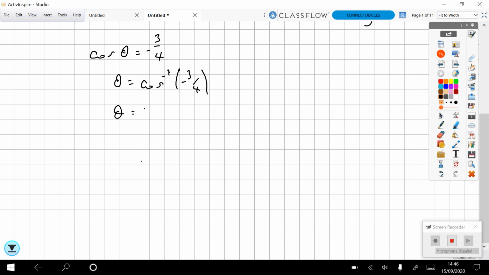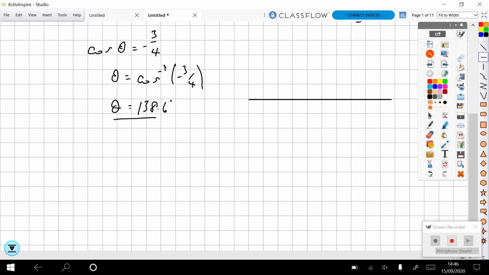But again, we can't stop there. We need to sketch the graph of y equals cos x.